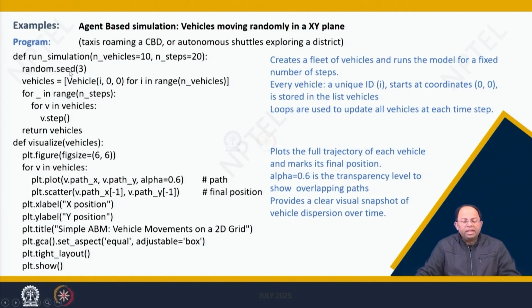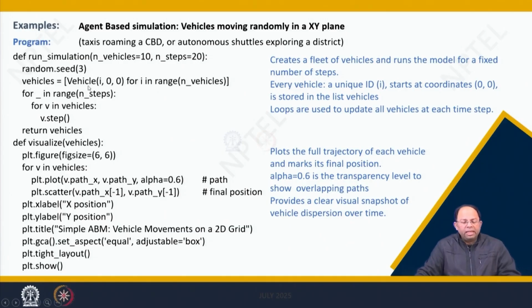We are using a random seed. That means every vehicle has a unique ID, and a starting location, so we are also initiating where it is going to start from. That's why we are using a random seed in this case.